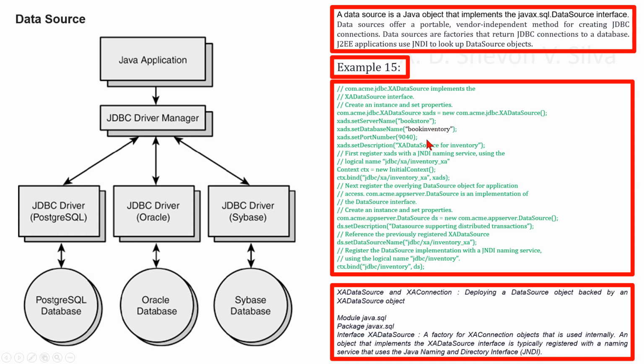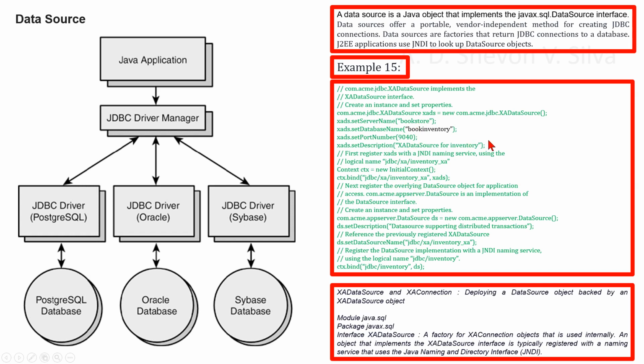The interface XADataSource in package javax.sql in module java.sql is the factory for XAConnection objects that is used internally. An object that implements the XADataSource interface is typically registered with a naming service that uses the Java Naming and Directory Interface, JNDI.